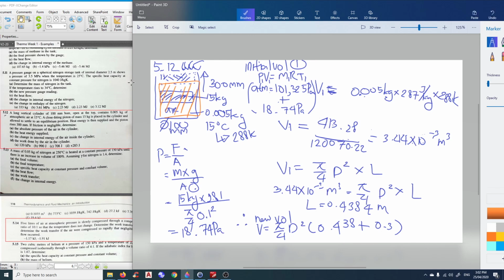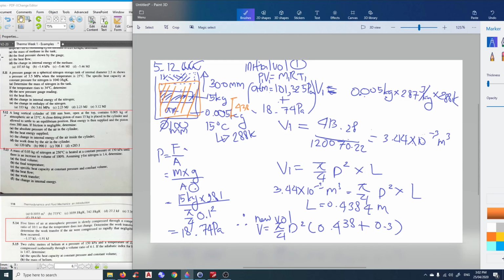The only problem is we have only been given that it moved by 300 mil, so we don't know the original position. By doing this backward calculation, we established the original position was 0.438 meter, or 438 mil. So that's the original position.